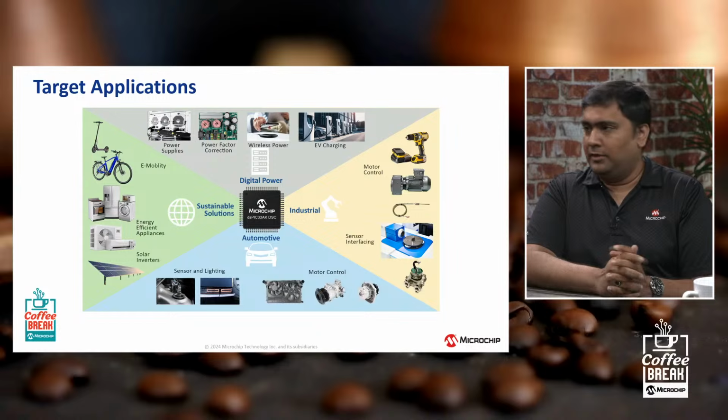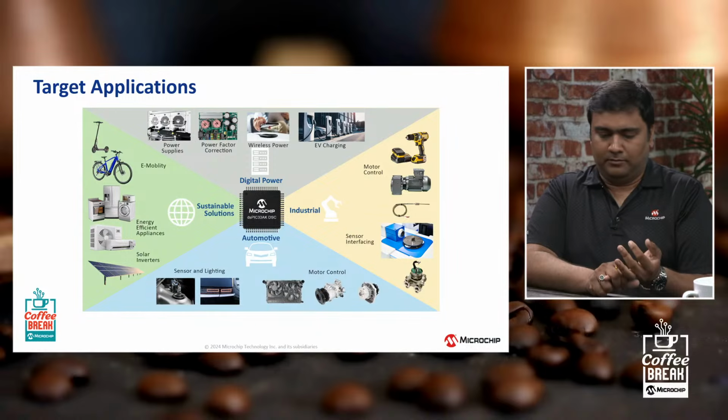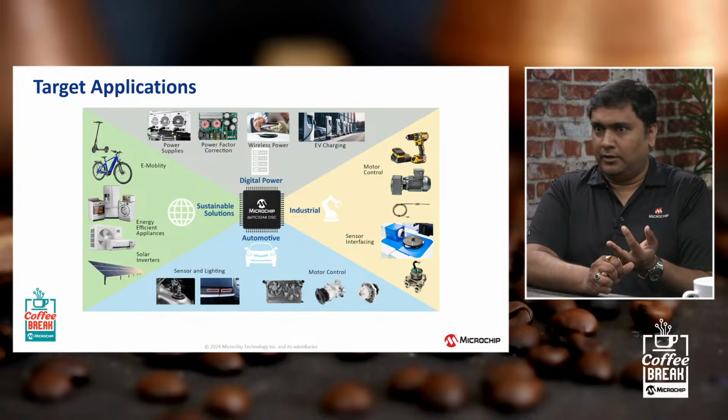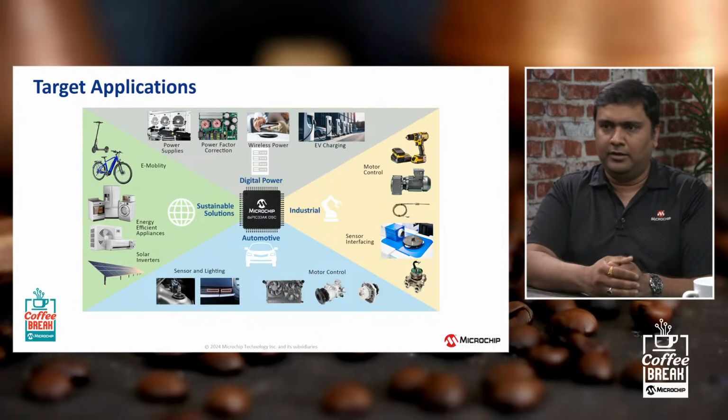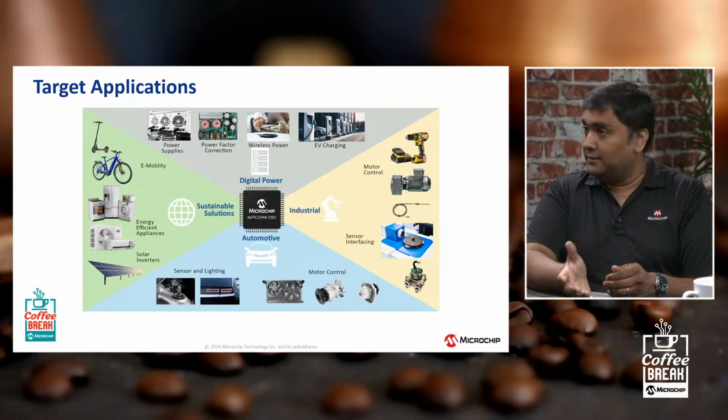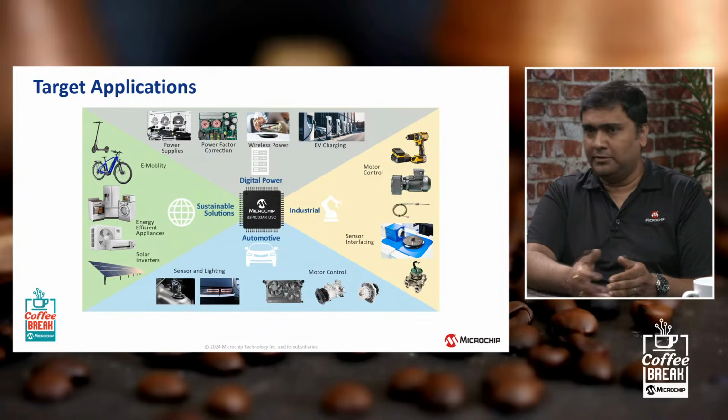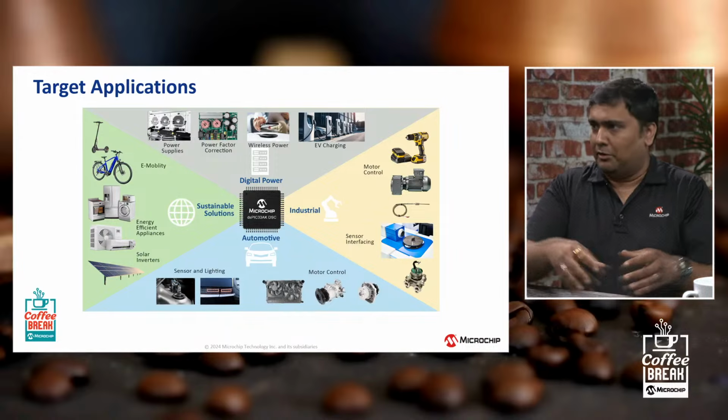It could be in the form of pumps, like an oil pump or coolant pump, radiator fans, or any cooling fan for the battery. And then there are a lot of sensors as well, whether it's a pressure sensor, temperature sensor, or current sensor. All those applications require a microcontroller.